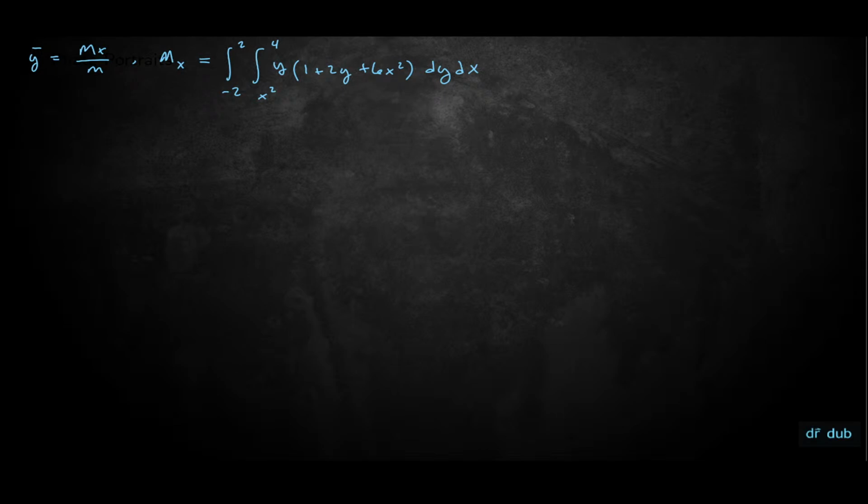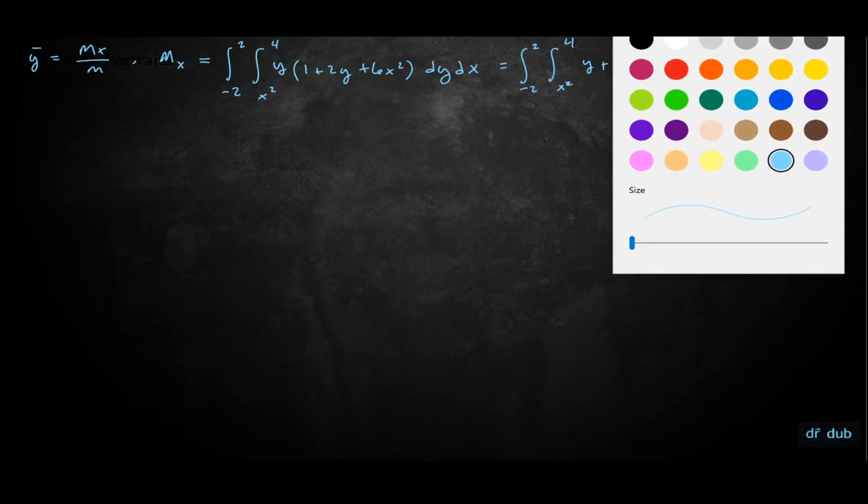And on this one, we actually have to do the multiplication of y first, because we're integrating y first. So this is going to be the integral from minus 2 to 2, integral from x squared to 4, y plus 2y squared plus 6x squared y dy dx. So we distribute that y, and now we can integrate.